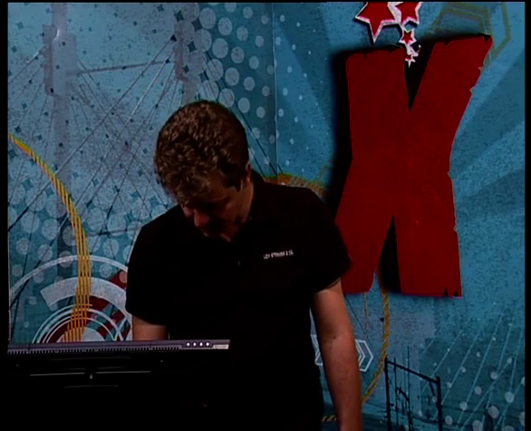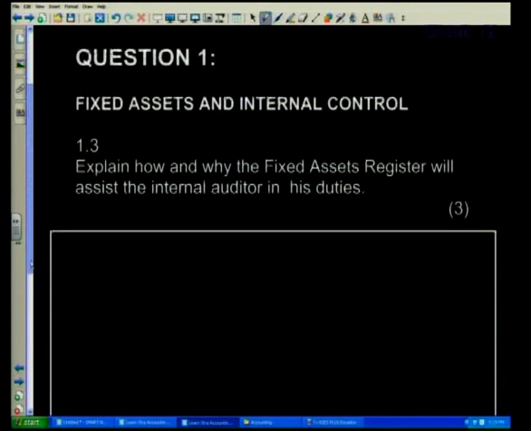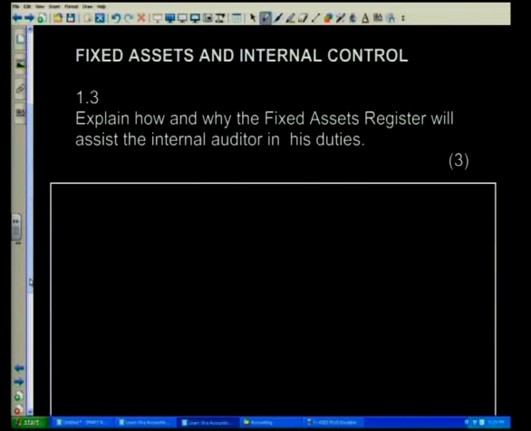Let's look at the next question. The next question asks how and why the fixed assets register can assist an internal auditor in his or her duties. A fixed assets register, you should also remember from grade 11, is just a register or a book that keeps track of your fixed assets.